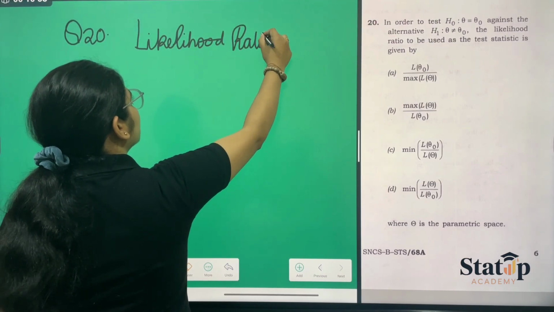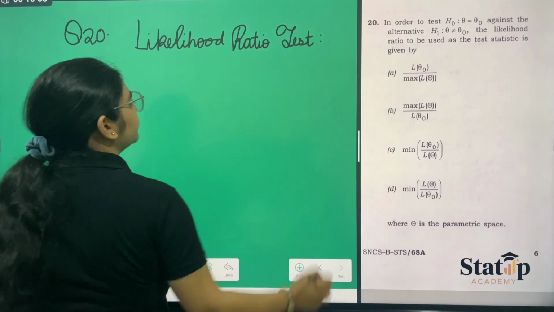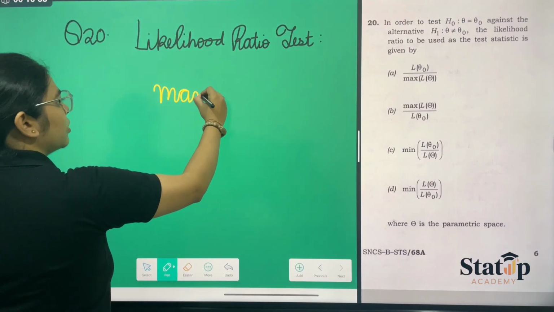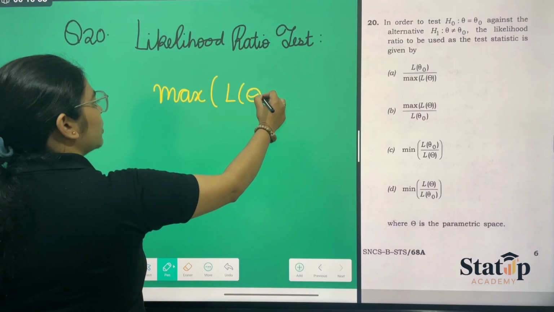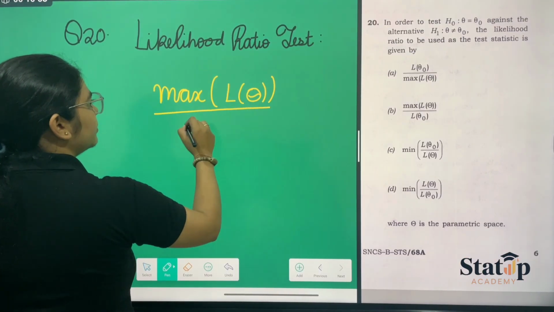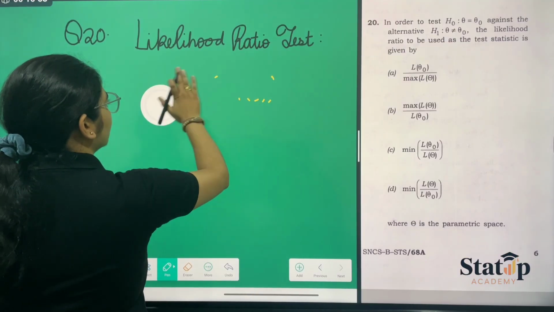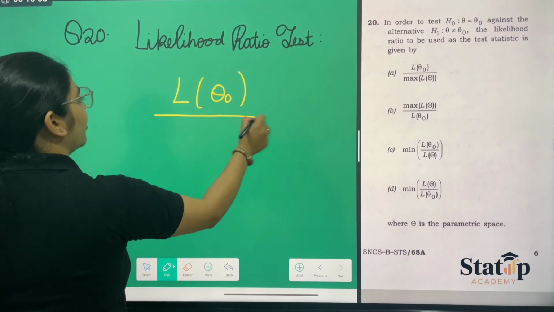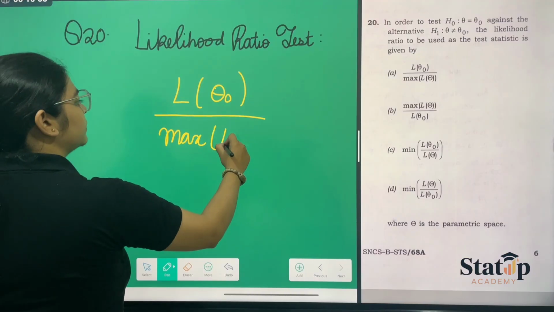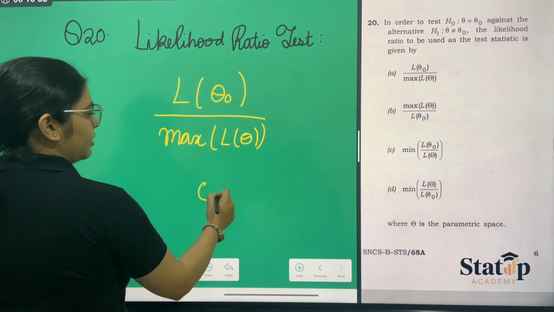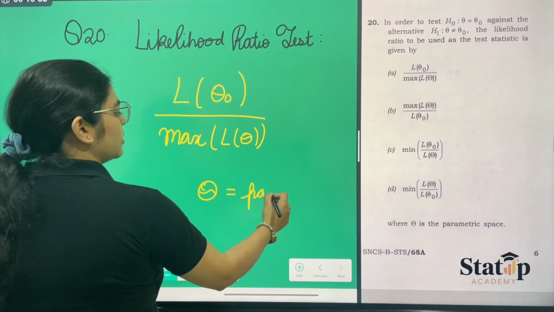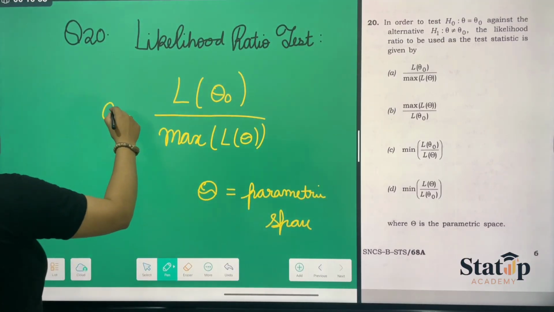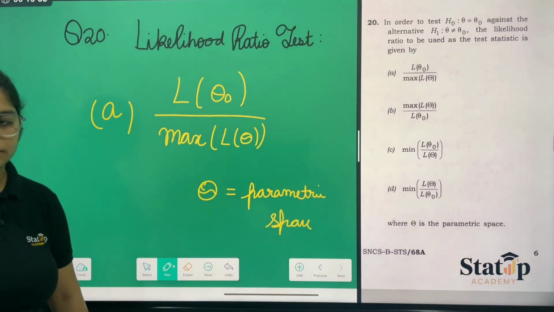The likelihood ratio test is the ratio given as the maximum of L of theta over theta naught, upon the maximum of all the L's over the parametric space phi, which is our option number A, a direct implementation of our theorem.